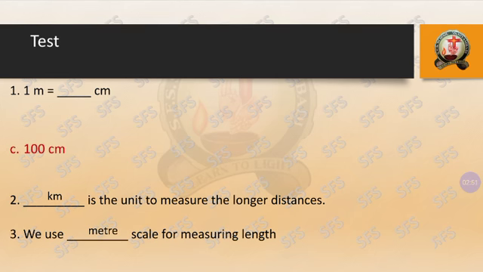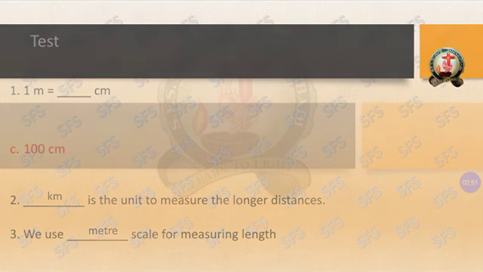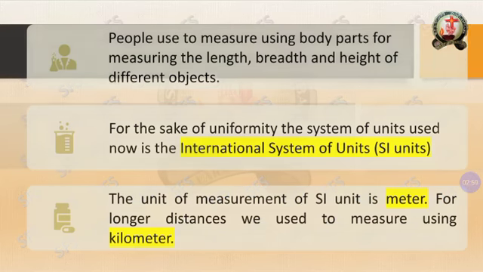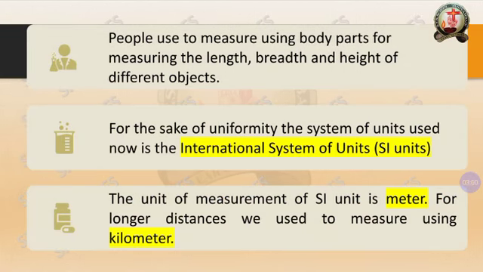Now, let's move on to a quick recap of what we have learned in our previous class. This is very important, right? What are all the things we learned in our previous class? We learned that people used to measure using body parts for measuring the length, breadth, and height of different objects.